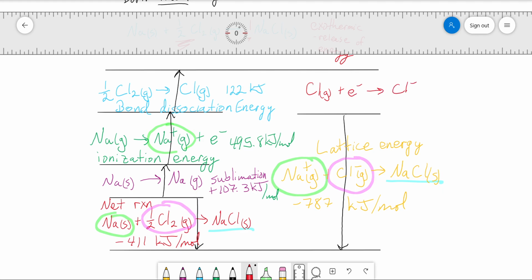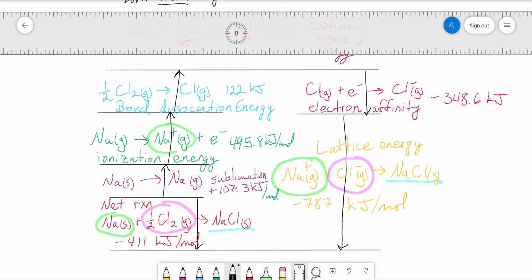Make it Cl minus gas. And remember, this is electron affinity. Okay, and that has an energy of negative 348.6 kilojoules. Remember, those are always negative. Because it's negative, we have a down arrow.